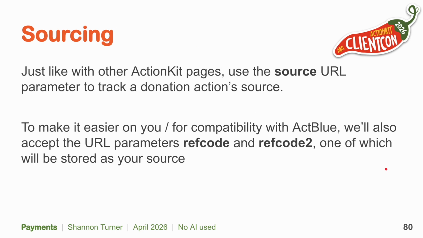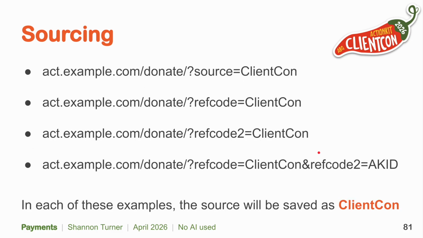Now we're going to pivot a little bit from custom amounts and talk about how to track this source of donations. You can, of course, use the source URL parameter just like you're used to for every other ActionKit page. But if you're accustomed to using refcode or refcode2 from ActBlue, no problem, because we'll handle those too, and we'll store one of those as the source. So of course you can use source to track your sources. You can still do that.